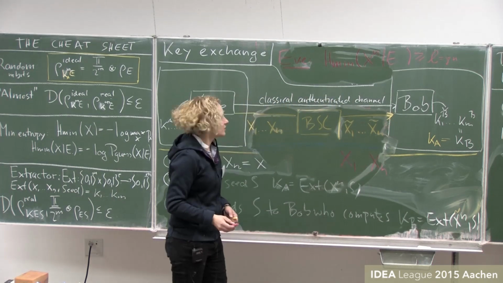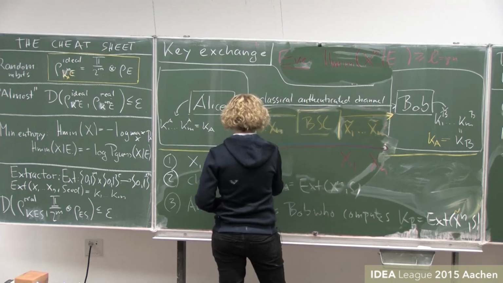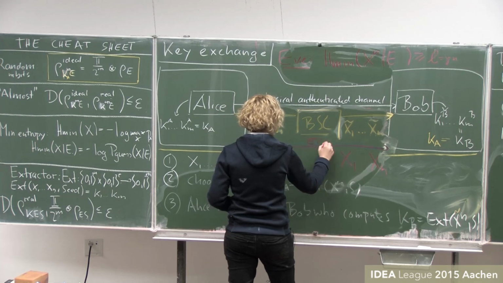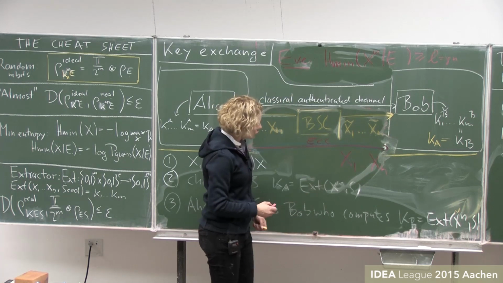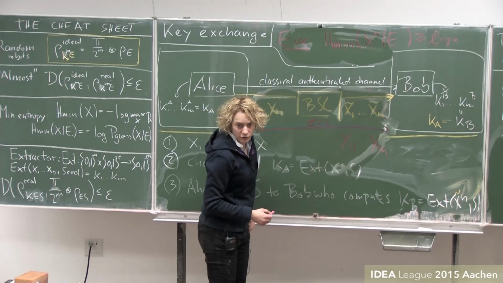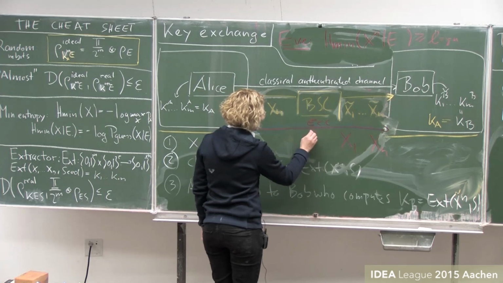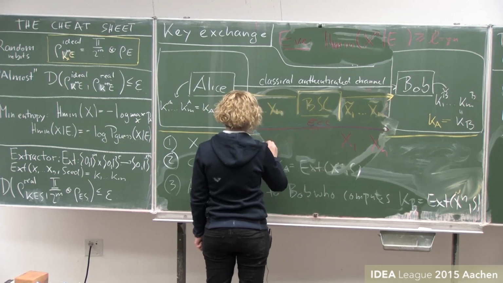But note that this does not come for cheap. If we're going to do some error correction here, let me just call this ECC, then we have now communicated some bits. And let's say that the number of bits that we transmit in this error correction step is actually k.